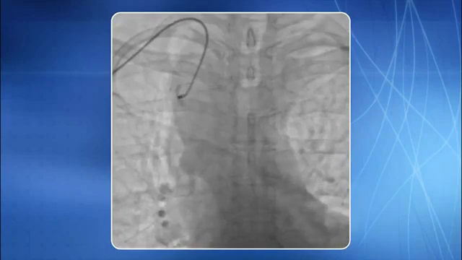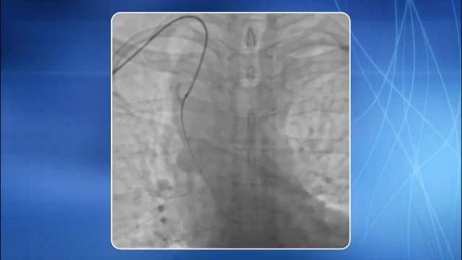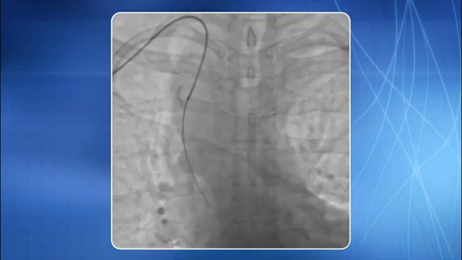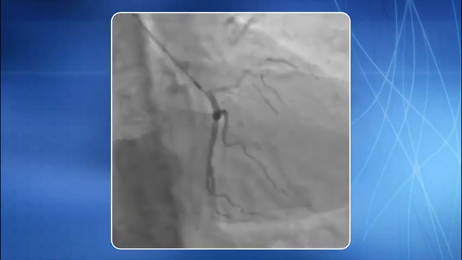Keeping the curvilinear calcification of the ascending aorta as a roadmap, ascending aortic entry was done with the wire. Aortic root angiogram revealed a normal right coronary artery. Left coronary artery injection revealed a normal LCA.